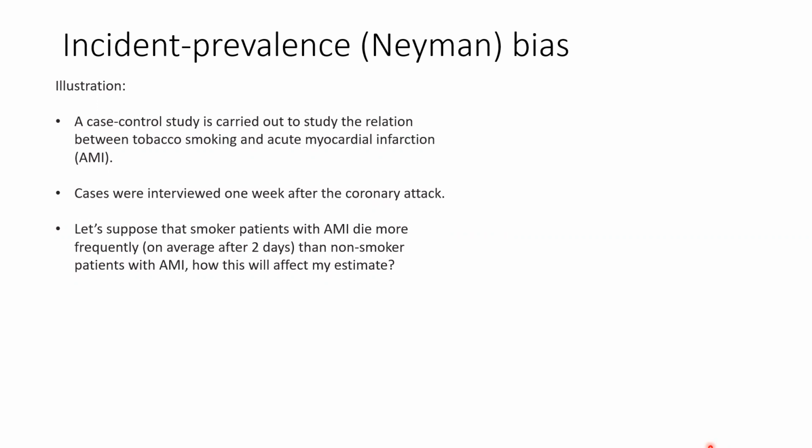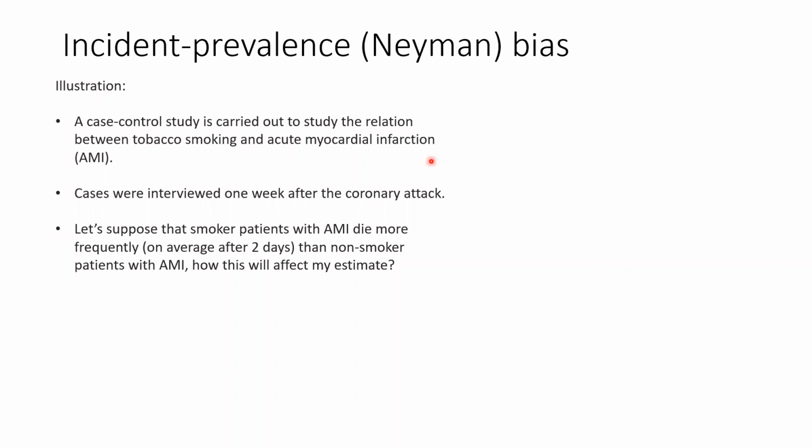So in your opinion, how will this affect my estimates? Basically, people who are smokers will die after 2 days, and I will do my interview after 1 week. And my exposure is tobacco smoking, and my outcome is myocardial infarction.